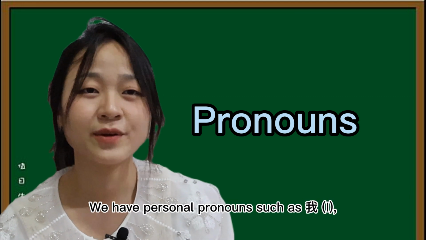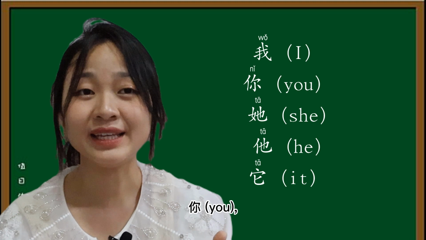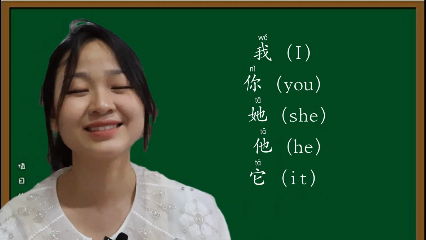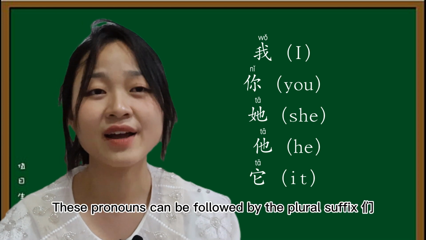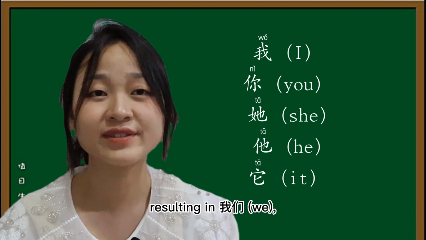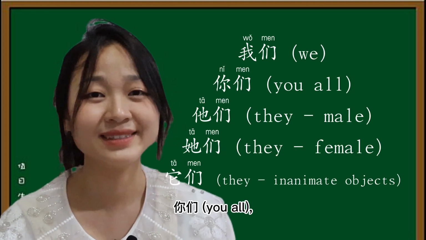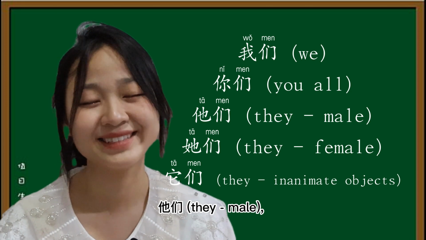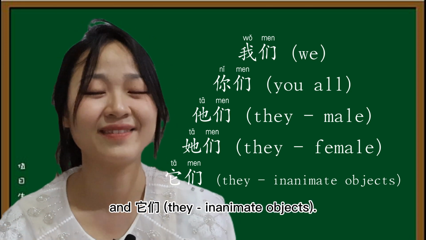In addition to nouns, there are pronouns in Chinese. We have personal pronouns such as 我, 你, 他. These pronouns can be followed by a plural suffix 们, resulting in 我们, 你们, 他们.